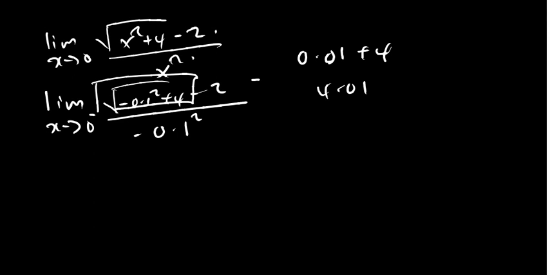I'm asking you guys. Now the square root of this number is going to be somewhere there 2 point something, which means that on top we're going to get a positive. So what I want you to know is just this, guys.